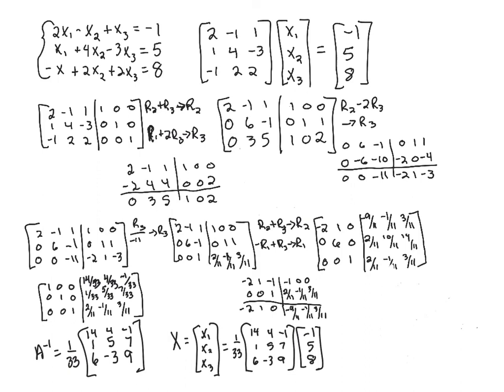Okay, performing the multiplication here. I'm going to get the 1 over 33. Now, when I do this, 14 times negative 1, 4 times 5, positive 20, negative 1 times 8, putting those together, 6 minus 8 is negative 2.